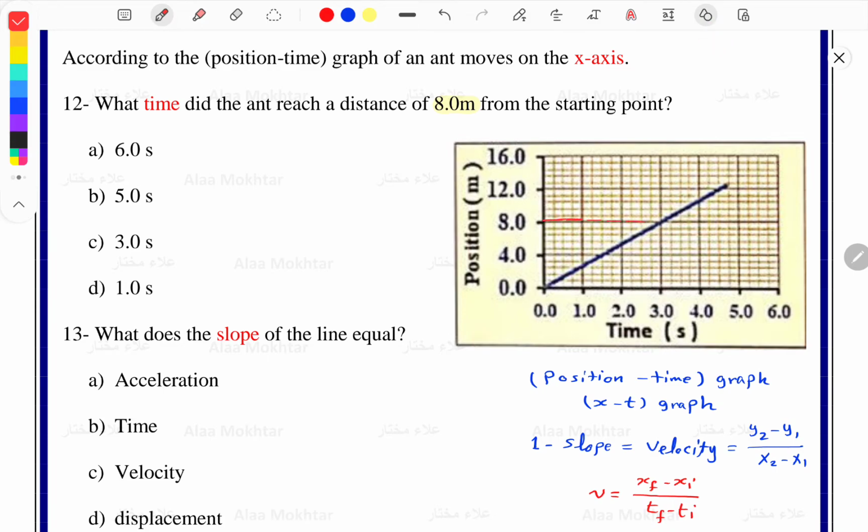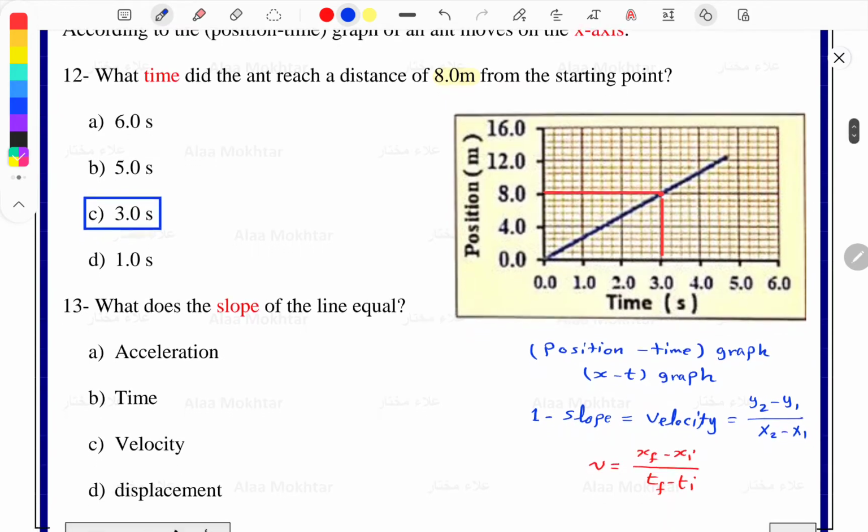It's not clear, so I draw a line like this. This line intersects with the graph. After that, I draw another vertical line. We reach 3 seconds. So at 3 seconds, this insect reaches position 8. I hope it's clear, inshallah. 3 seconds. What does the slope of the line equal? The slope of the line equals velocity.